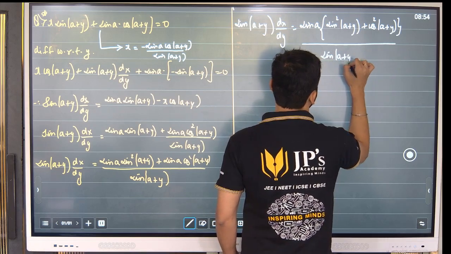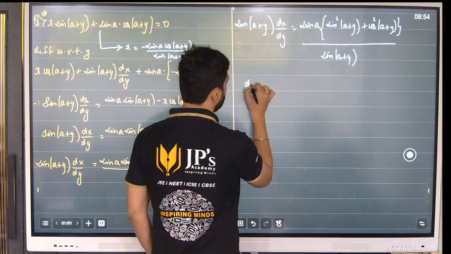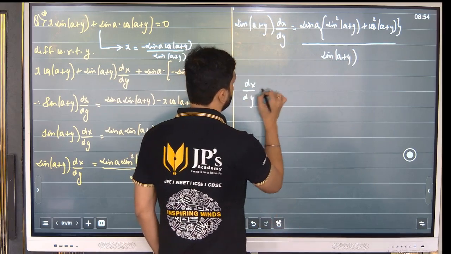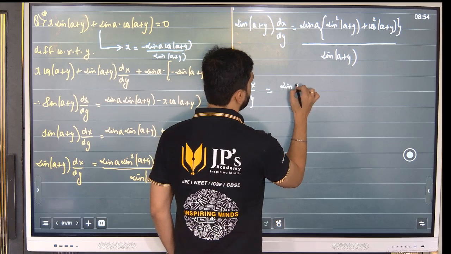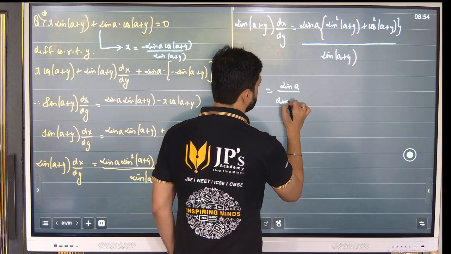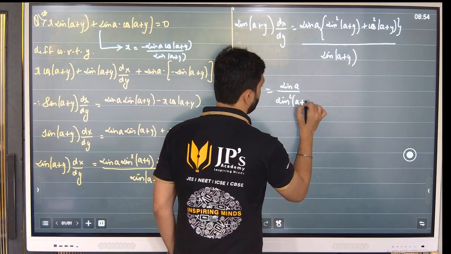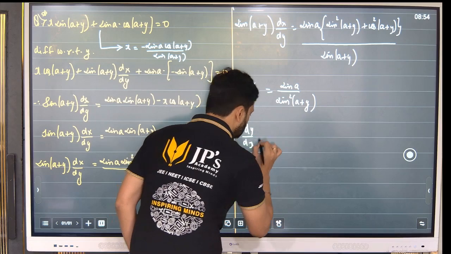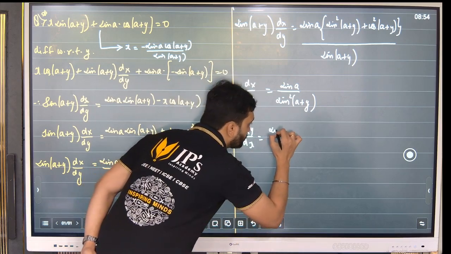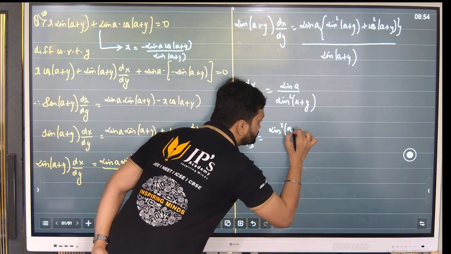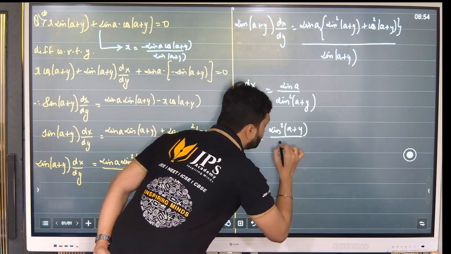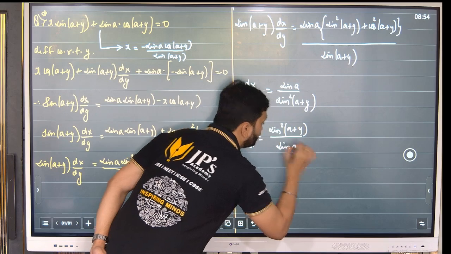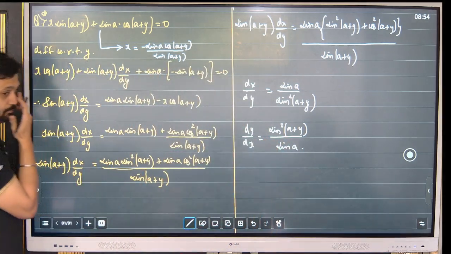So therefore dx/dy will become sin a upon sin squared(a + y). Therefore, dy/dx will become sin squared(a + y) upon sin a. And this is what we had to prove.